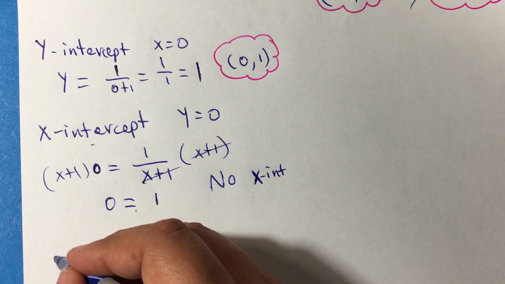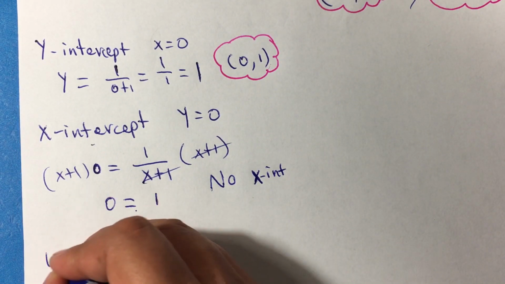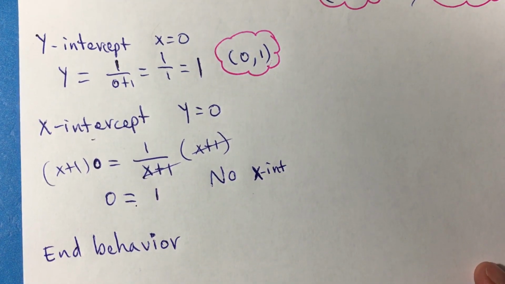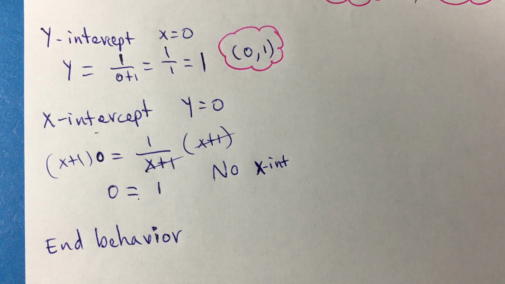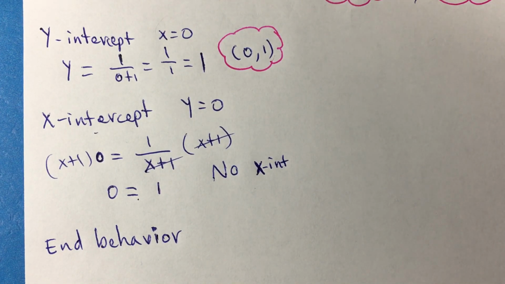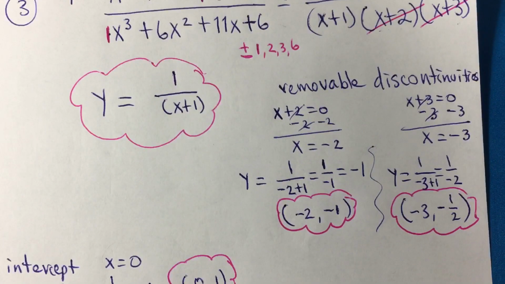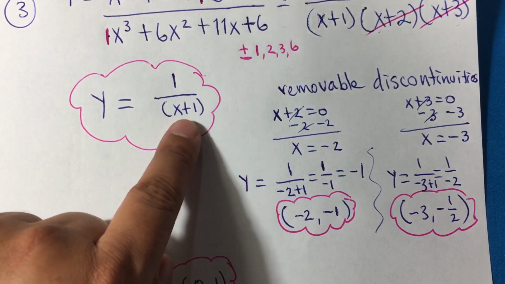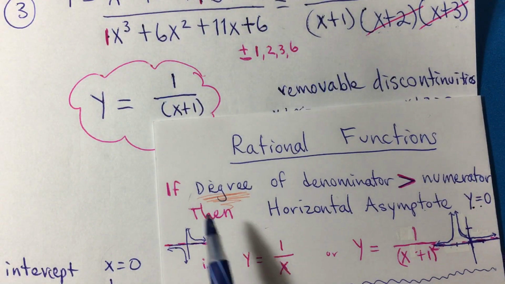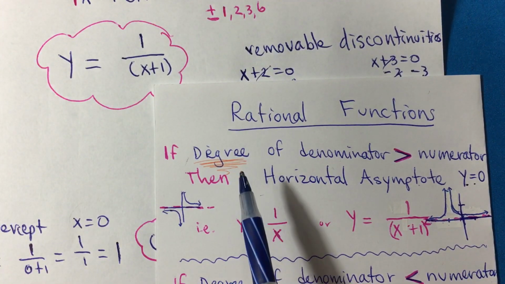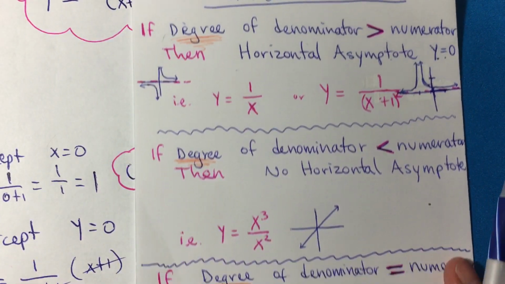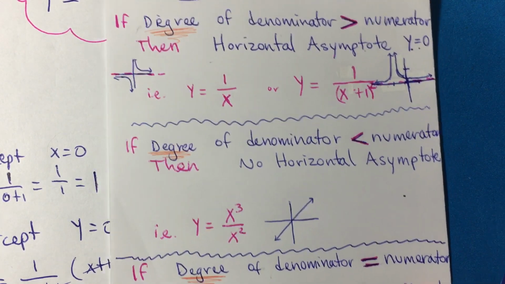For my end behavior, meaning where on y does it approach, to find that we use the rule that we used in the last videos. And so we look at the expression 1 over x plus 1, and it says if the degree... hopefully you have this list. If not, again, I recommend that you see the previous video, because this will make sense.